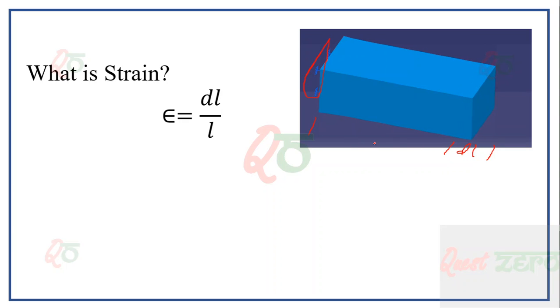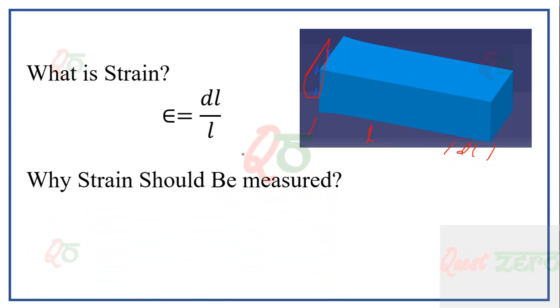So this is dL and this will be L. Strain is the ratio of dL to L mathematically, and in a general sense, it is the amount of deformation that a body undergoes because of the application of forces on it. Now, why should we measure this strain?